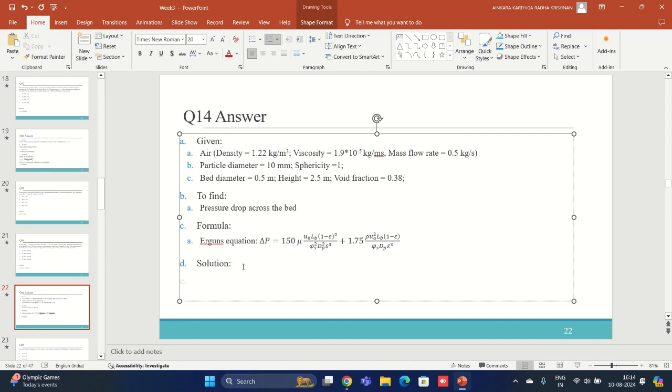And now we are substituting. Delta P, the pressure drop, is equal to 150 into 1.9 into 10 power minus 5 into... okay, here we need to calculate something else before that.